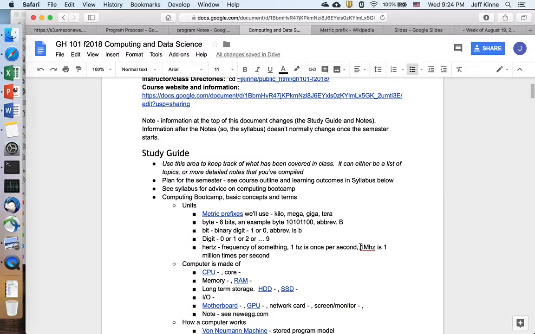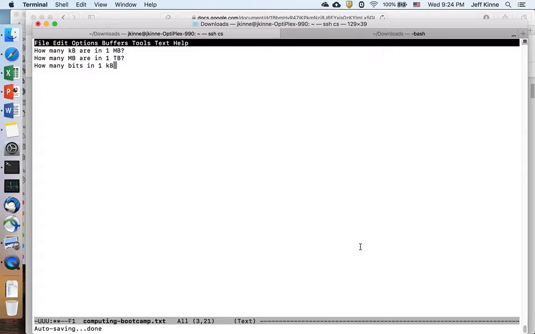So a question that I could ask is, say you have a 1 gigahertz computer. How many times does something happen per second on that computer?